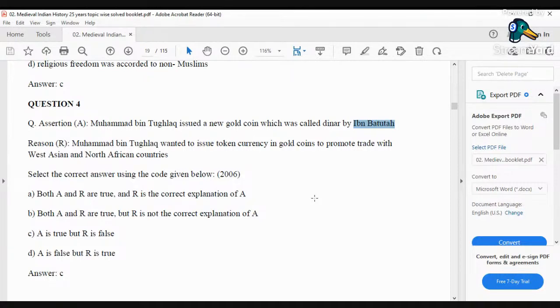And what is the intrinsic value of money? It is the amount of money that goes into making that particular currency or coin. Token currency refers to that type of currency in which the intrinsic value is lesser than the face value.